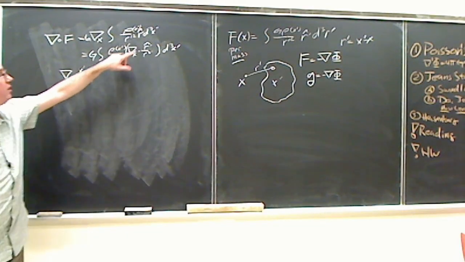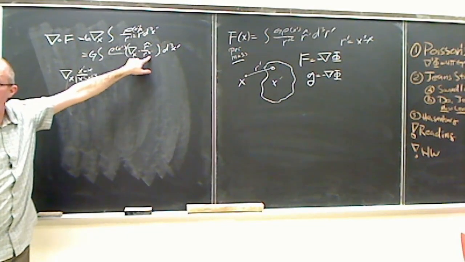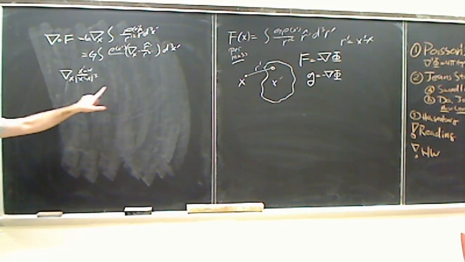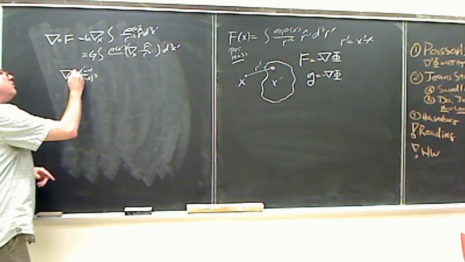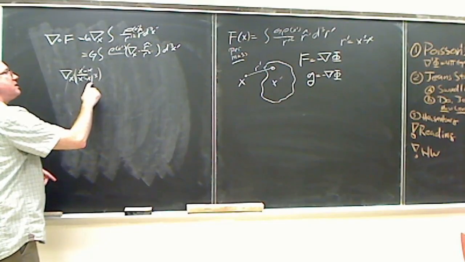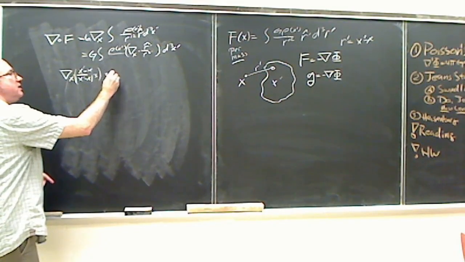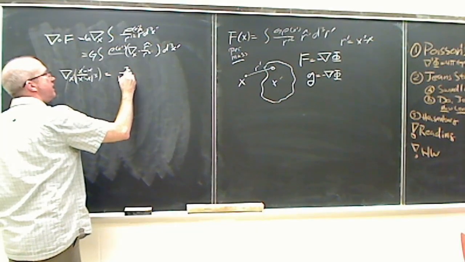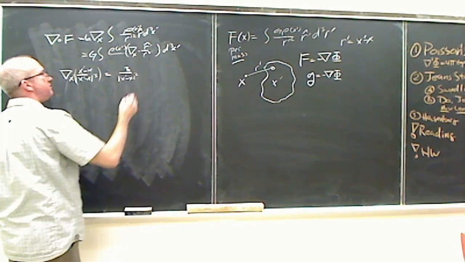So this gives me an r over r cubed. That's the same as this r hat over r squared. Does that make sense? So the derivative with respect to x of x prime minus x over x prime minus x cubed is equal to 3 over x prime minus x cubed.